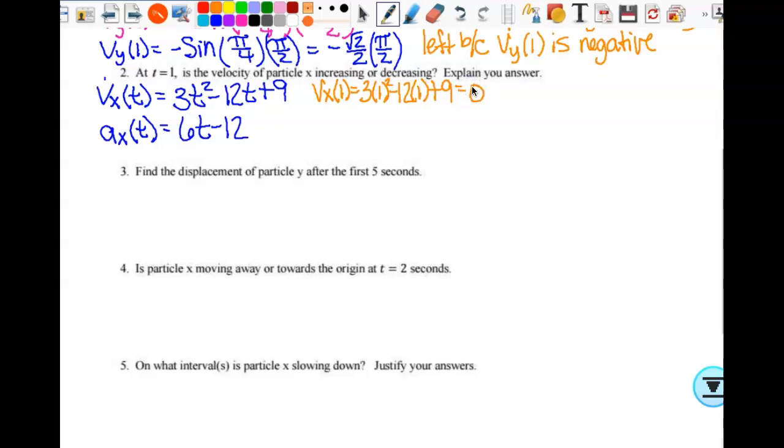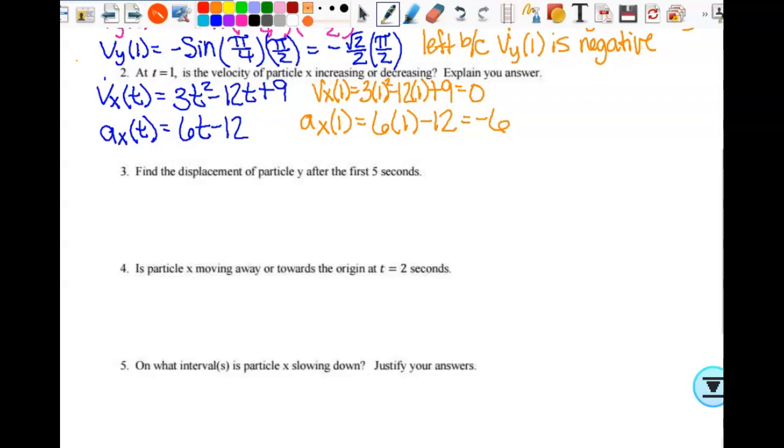Okay. All right, and then a sub x of 1 is equal to 6 times 1 minus 12, negative 6. Y'all agree with that? Okay.